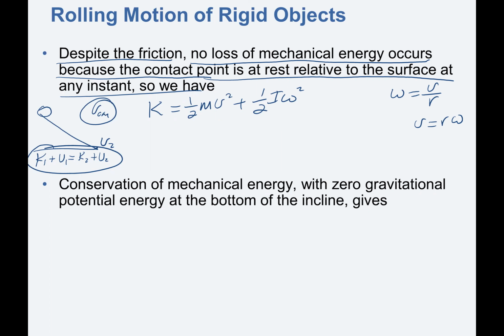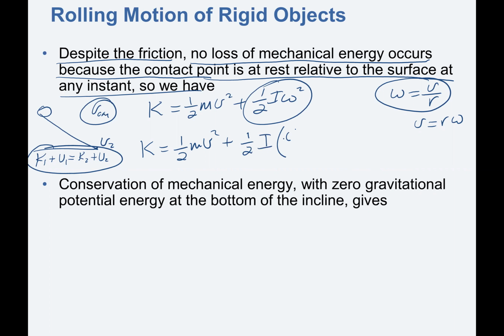That means I replace omega with V over R in this rotational kinetic energy equation. What I end up with is 1/2 mv squared plus 1/2 I times (V over R) squared. This is one of the things you will be doing whenever you are calculating, because now both terms have the same V, the same linear speed.